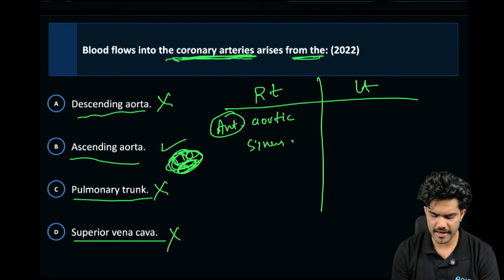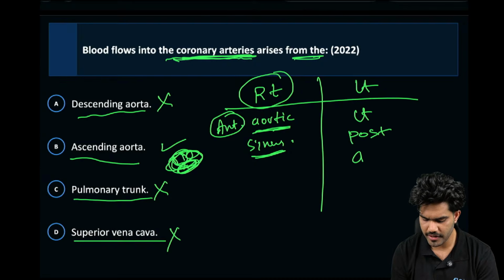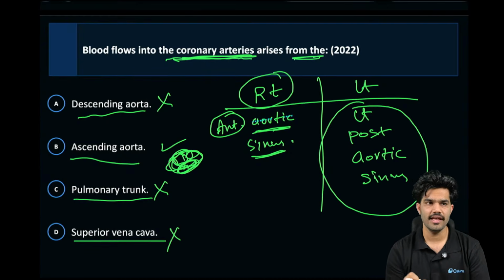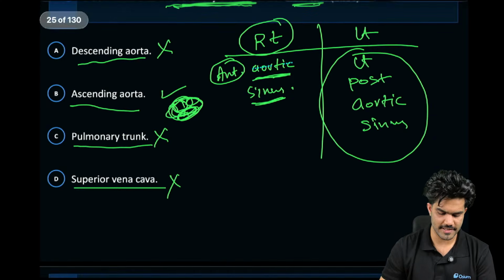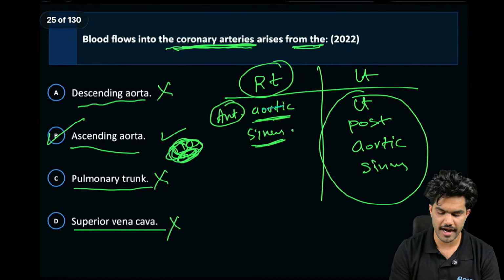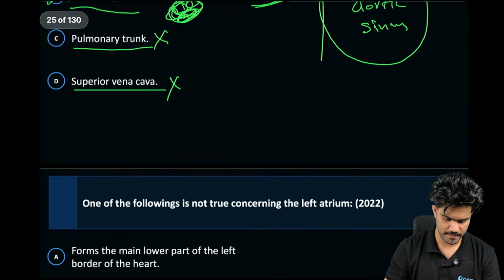So in the anterior aortic sinus, right coronary is originating. Left coronary, focus, left posterior aortic sinus. Okay, this detail you have to remember. So the answer here, blood flows into the coronary artery arises from, it is the basic question, ascending aorta.